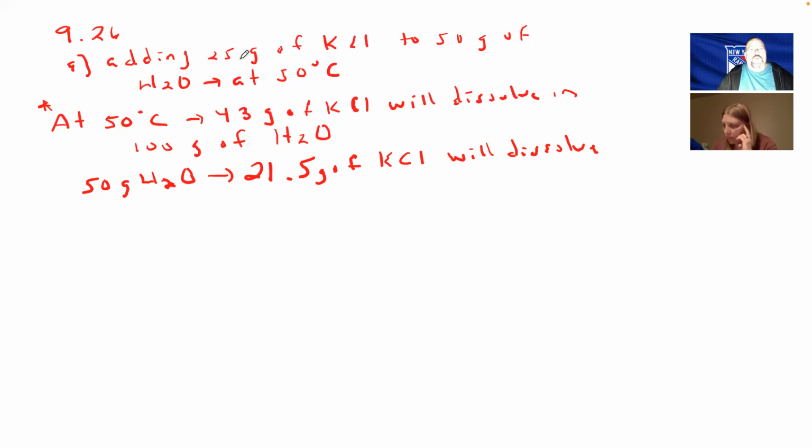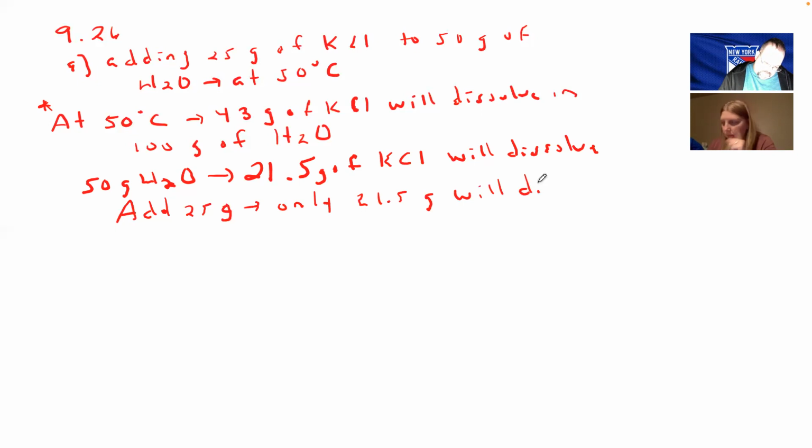So if you add 25 grams, only 21 and a half of that will dissolve, and therefore not all of it is going to be dissolved. Anything above 21 and a half is just going to sink to the bottom.